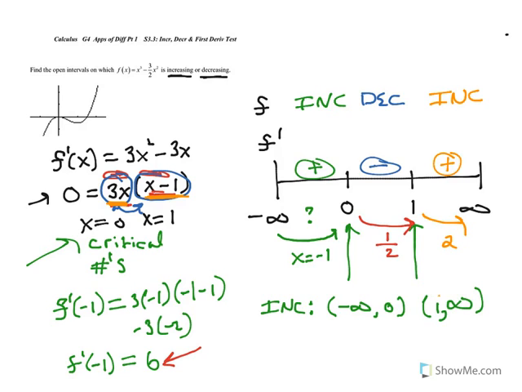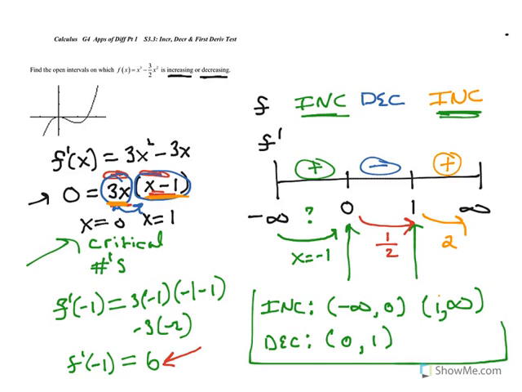So those were the two intervals where f was said to be increasing. And then it was decreasing from 0 to 1. So that's going to be your final answer. So that's our final answer written in interval notation.